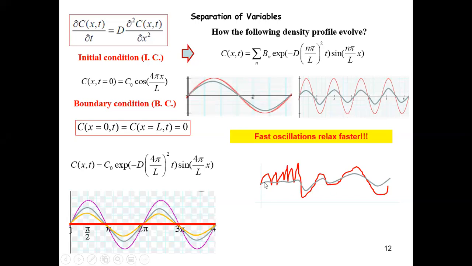If you follow a simple line of thinking, you may imagine that I just have the same shape of curve over time, and everything just gets smaller by the same magnitude, but that's not the case. We have a mixture of different modes. These fast modes decay much faster, and they can become flat much quicker than these slower modes. So that's what you typically see for an actual evolution of the concentration profile or concentration fluctuations.